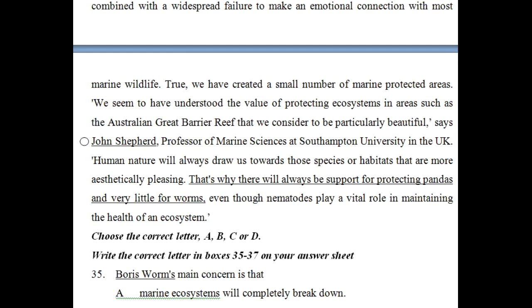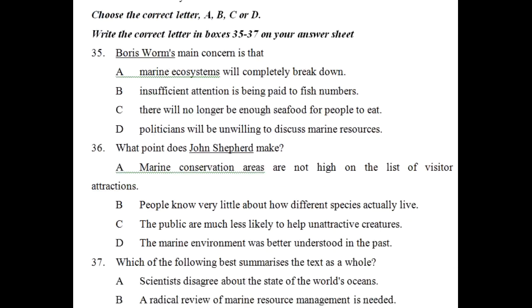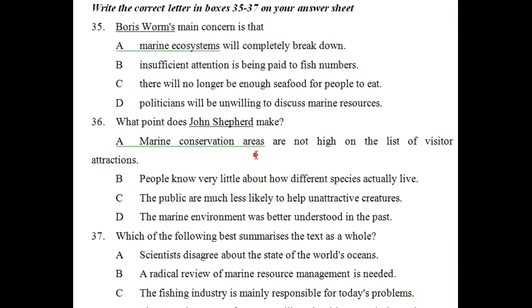Perhaps now we are in a position to search for the answer. Marine conservation areas are not high on the list. No. People know very little about. No. The public are much less likely to help. Yes, the public are much less likely to help unattractive creatures. That is what we read there, that they are more attracted towards the attractive creatures.